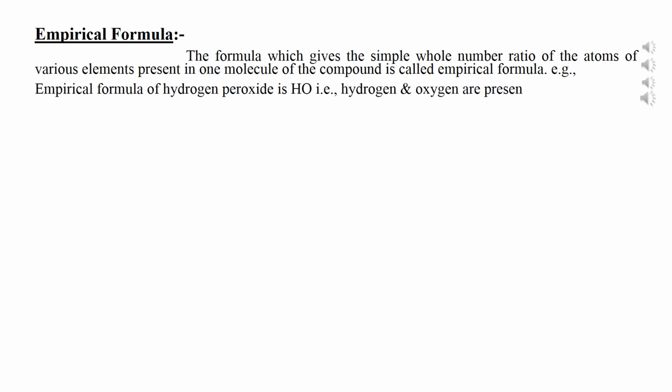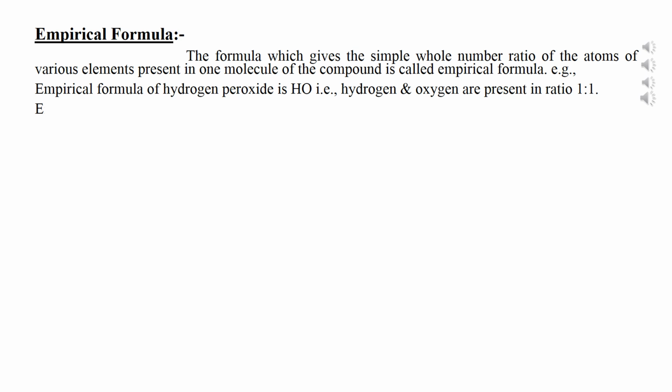So in a hydrogen peroxide molecule, 2 hydrogen atoms and 2 oxygen atoms are there. So the ratio becomes 2:2. That is, the simple ratio between hydrogen and oxygen is 1:1. That is, the empirical formula of hydrogen peroxide is HO.